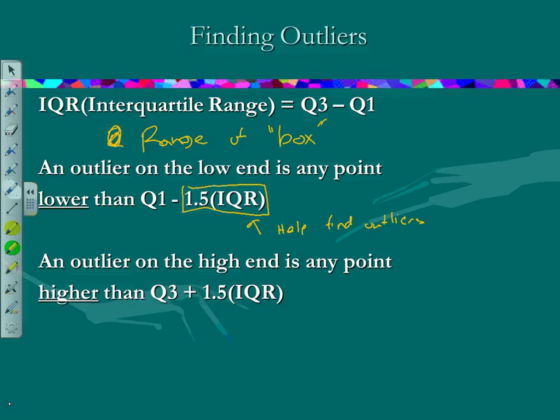You will take your Q1 value, subtract 1.5 times your IQR. That will be the low end of where your data is considered to be not an outlier. You will take Q3 and you'll add 1.5 times the IQR to see the high end of the range. And outliers would be outside of those ends.